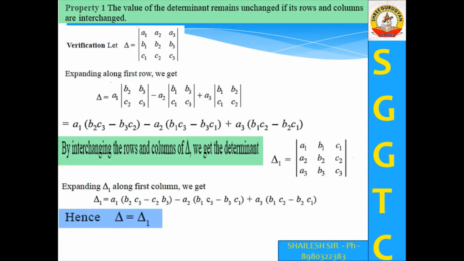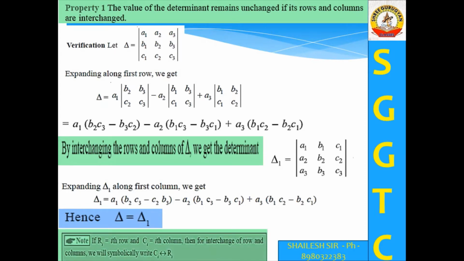Same as the second row, you write down the second column, and the third row is converted into the third column. So this rule is applied by interchanging rows to columns. Clear? Now if I expand all these values, definitely you get the same answer as your first del value. It means del is equal to del 1.